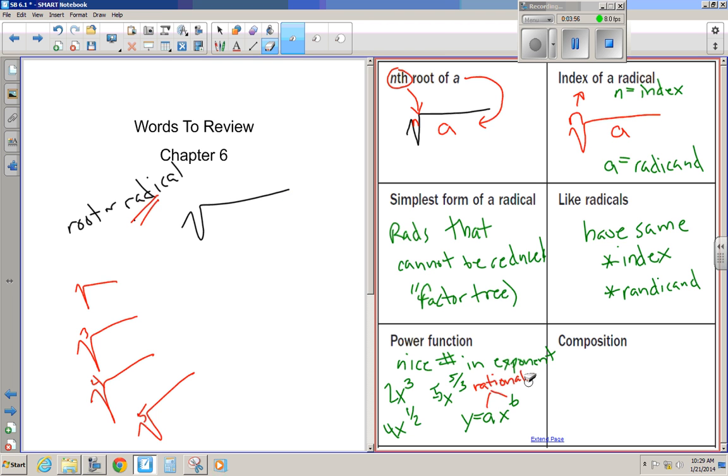So composition. A composition is a function of a function. And what this means is you might have a function that looks like this.